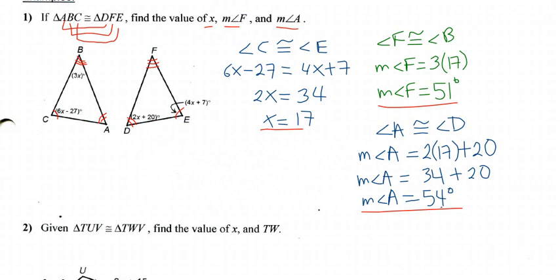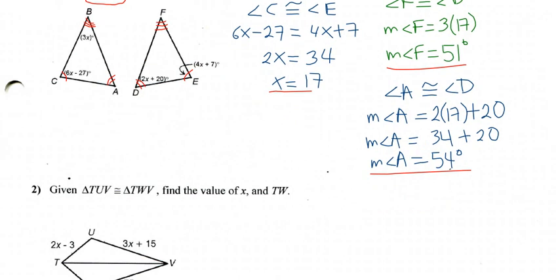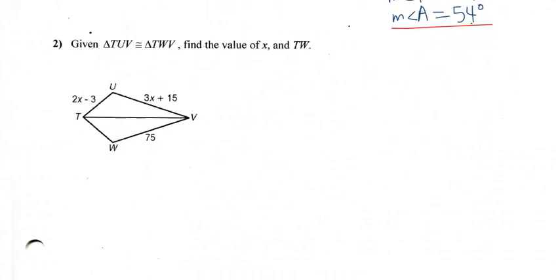And now we're going to do a very similar problem in number 2. The only difference is that here we're dealing with the measures of the sides and not the measures of the angles. So given triangle TUB is congruent to triangle TWB, find the value of x and the measure of segment TW.